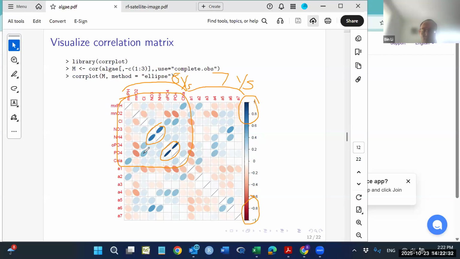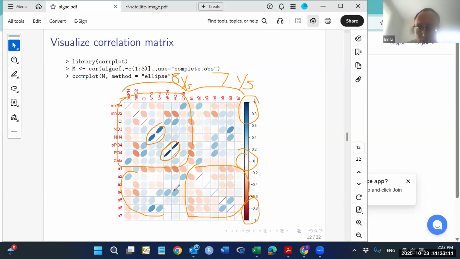But when we look at the response variables, these show the correlation among the response variables, and we didn't see any strong correlations. You can see they all have correlation close to 0, because the lightness easily says that. And the shape of the ellipse is also proportional to the size of the correlations.